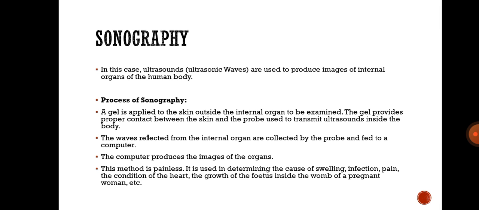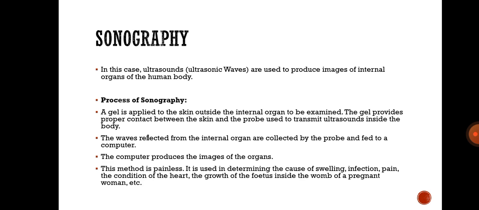The first step in sonography is that before starting, a gel is applied on the skin outside the internal organ to be examined. For example, if the stomach is the organ to be examined, or there is any problem in the stomach, the gel will be applied on your stomach.